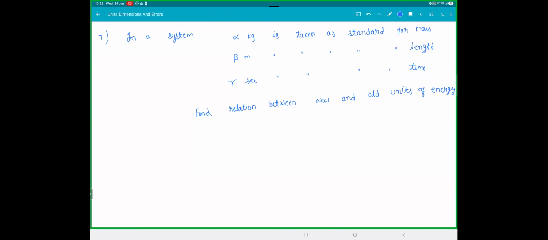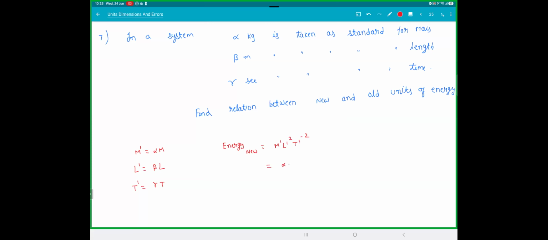Let's see how to do this. So the new unit M dash is alpha M, L dash is beta L, T dash is gamma T. So the new energy unit is M dash L dash square T dash minus 2.